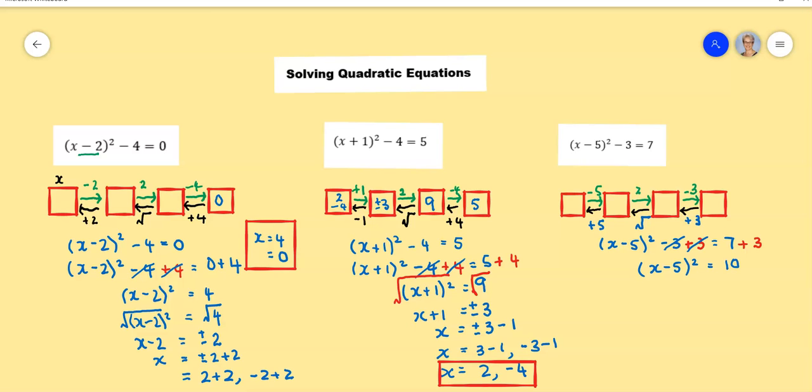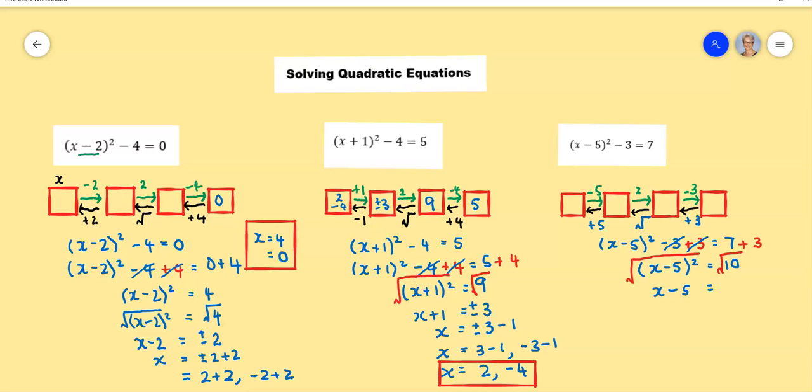Now I need to take the square root of both sides. So the square and the square root will cancel out, and I'm left with x minus 5. Now, what's the square root of 10? I could use my calculator and get an answer such as 3.16.